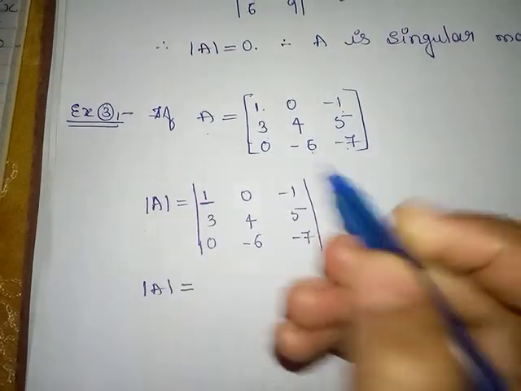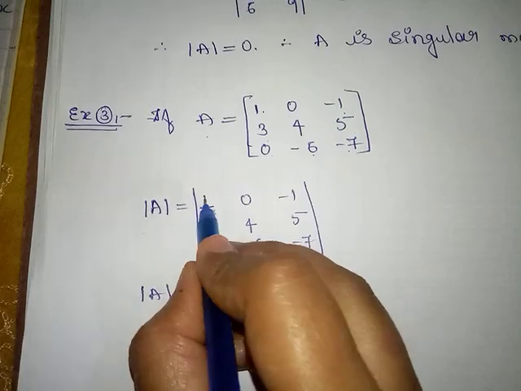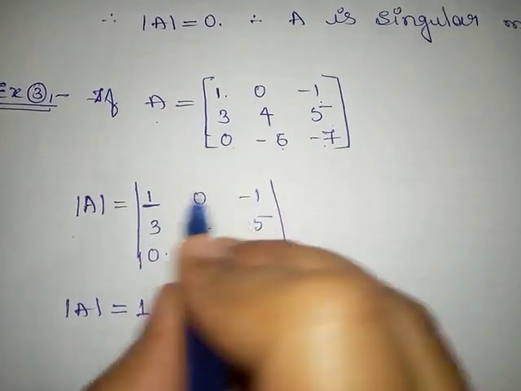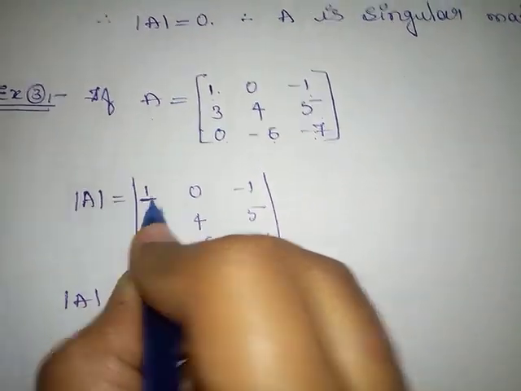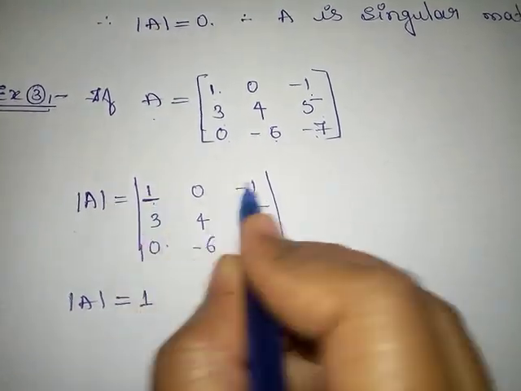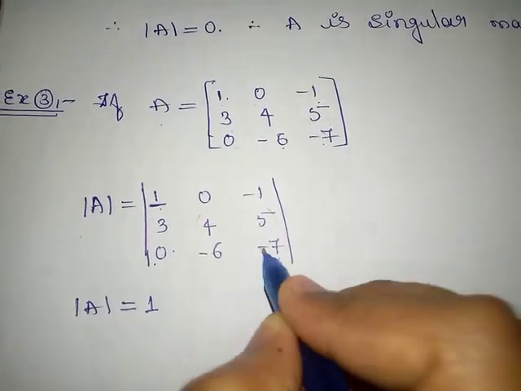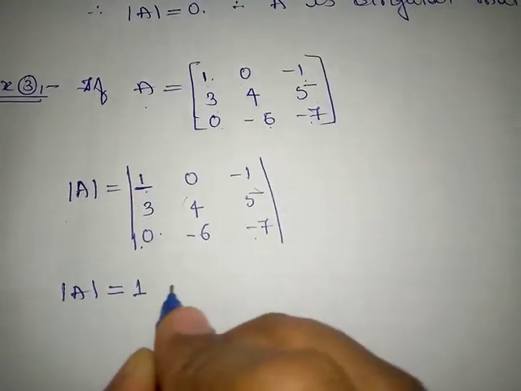Consider the first element, that is 1. Then neglect the column and row which has that element, which means we skip this row and column. We have these 4 elements. Then find the determinant of this one.